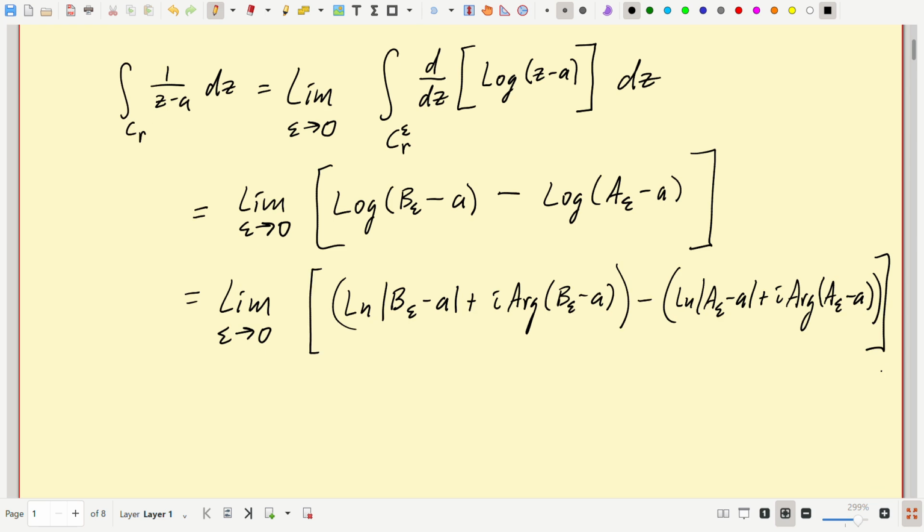And notice that the real parts are tending to the same thing. So this thing tends to the natural log of the modulus of w minus a, and this does too. So those cancel.